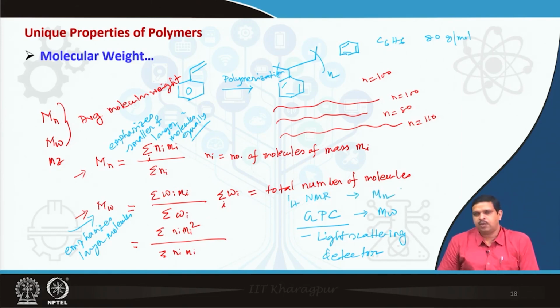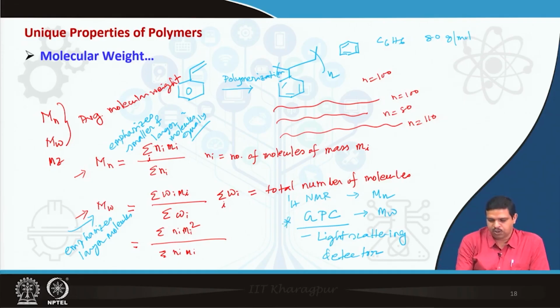Suppose you are targeting N equal to 100, and you get a polymer chain length where N is 100 or nearby, like 95 or 105, then the PDI will be much closer to 1.